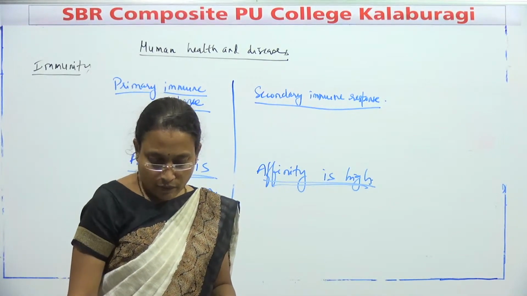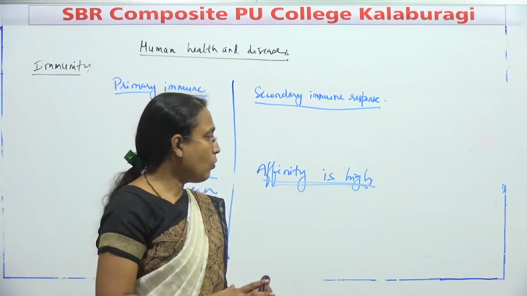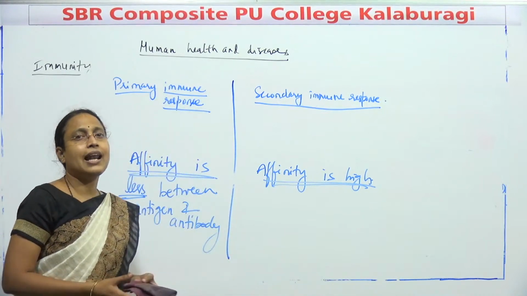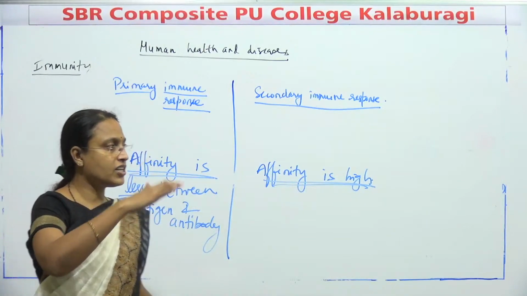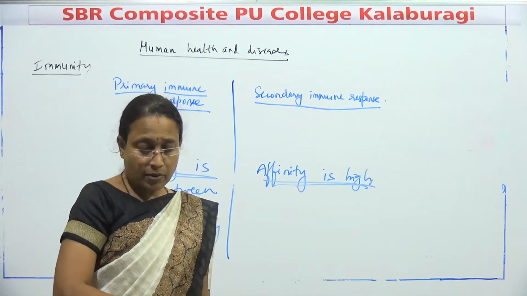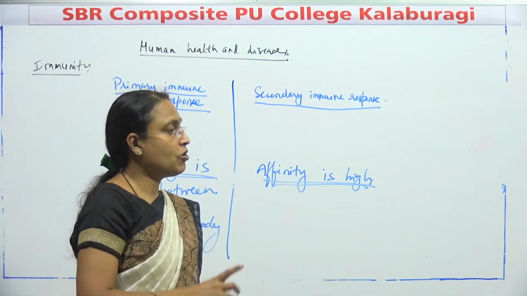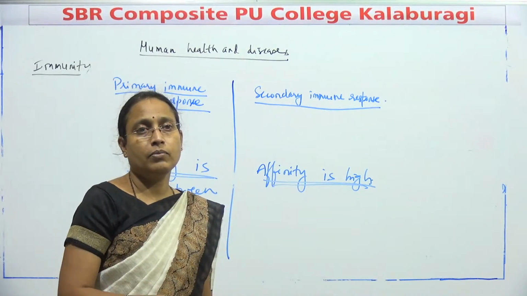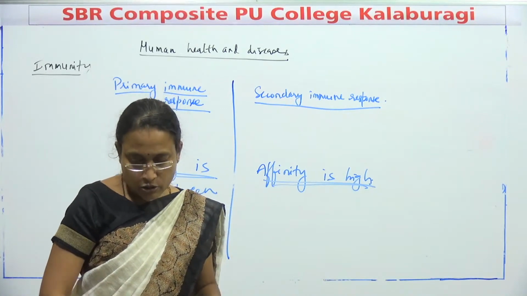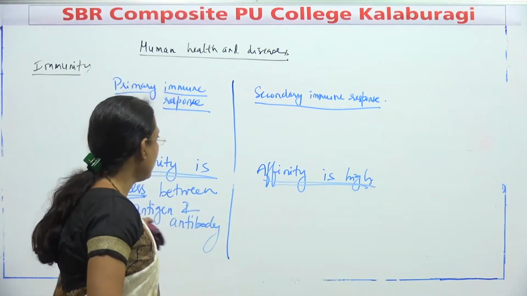Okay. Whatever antibodies are produced in primary response, they decline soon. It means that their concentration in the blood and lymph will reduce quickly. But the antibodies produced in secondary response remain in the circulation and tissues for a very long time. So they last for longer time.